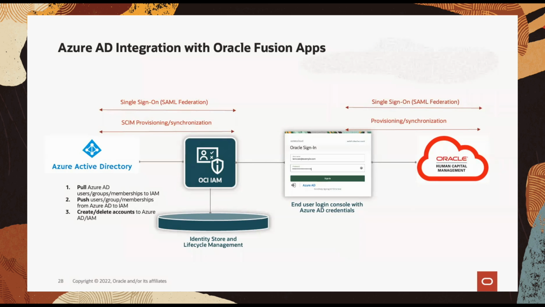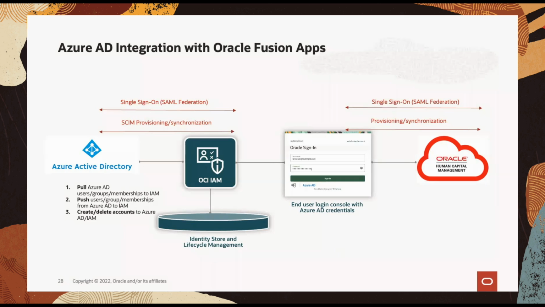Yeah, so now here is an end-to-end scenario, right? Let's say the customer says my user repository is in Azure, so I want my Azure users to access the Fusion application. So how can I achieve this? As we said in the previous use cases, Azure can act as an IDP to the OCI IAM, so it will be a seamless single sign-on flow, right?